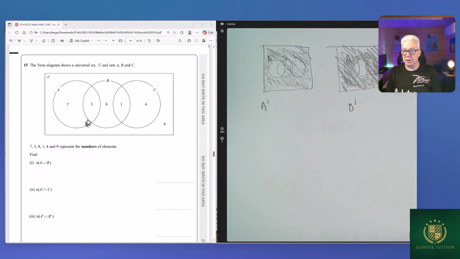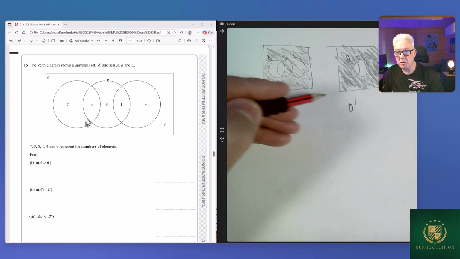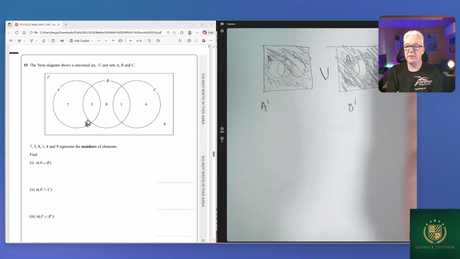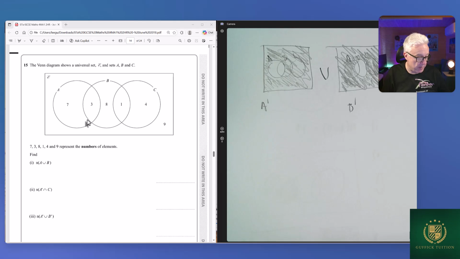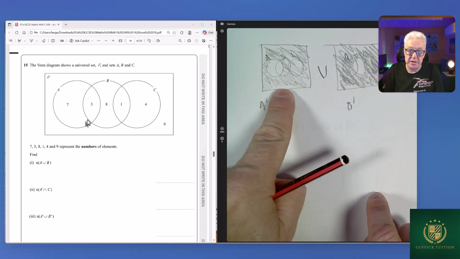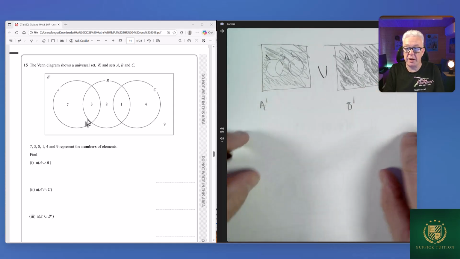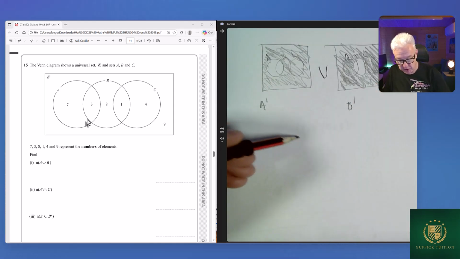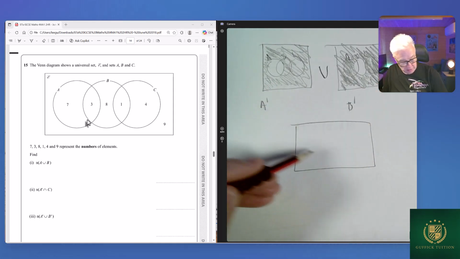Now, let's have a look and think about this. When you've got the union, it's like you've got 2 separate pieces of tracing paper and you layer them over each other, and you have to include the bit that's in both, as it were. So if that was shaded on one piece of tracing paper and that was shaded on the other, and I superimpose them on top of each other, what I would get, oh my goodness, it's going to be more sketching.